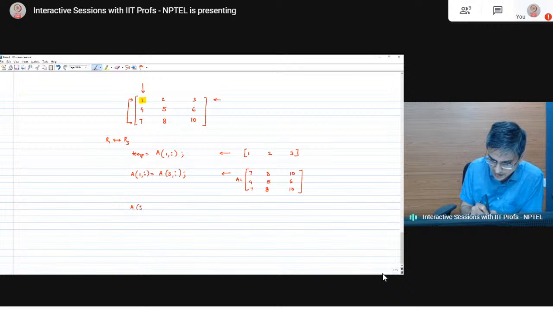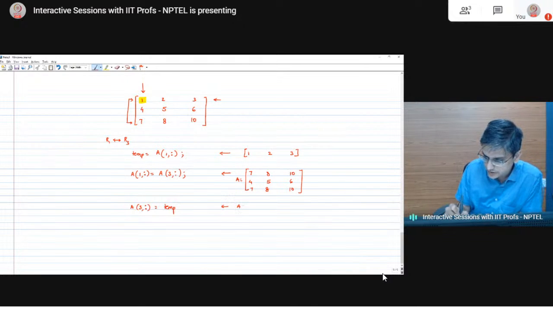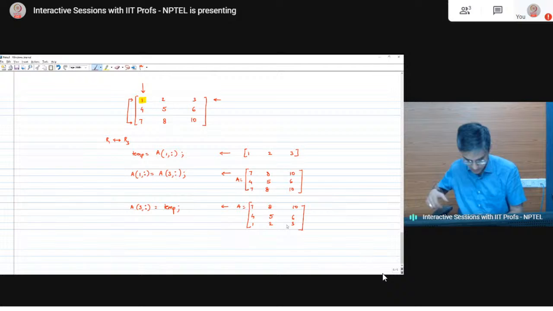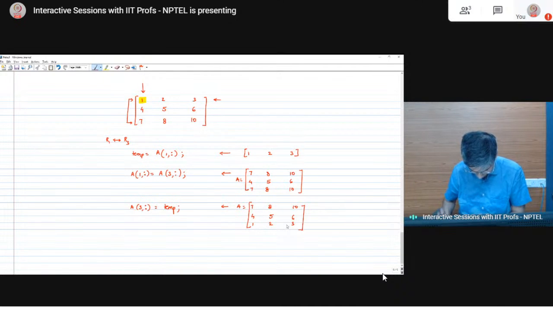How will I do that? A(3, :) equal to temp, which will give me A equal to the matrix, which is exactly what we wanted in this pivoting exercise. Hopefully that was clear.